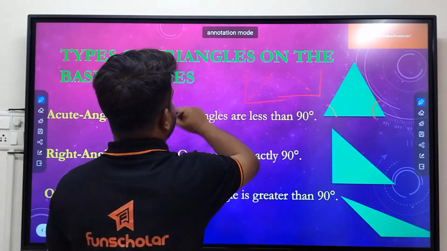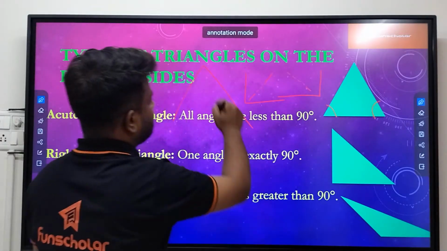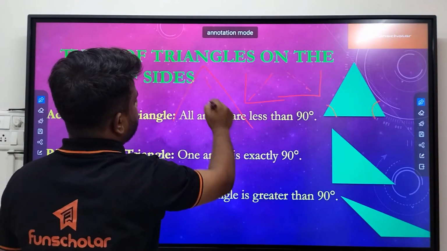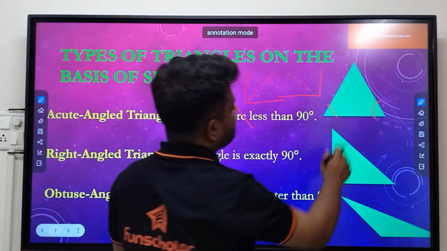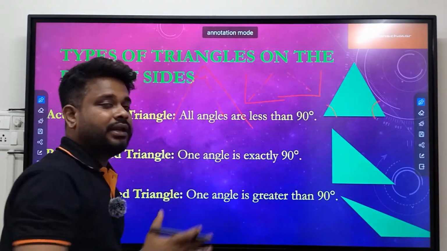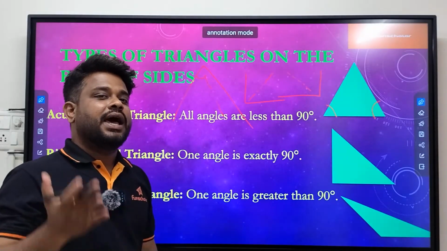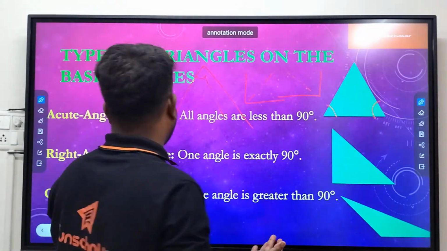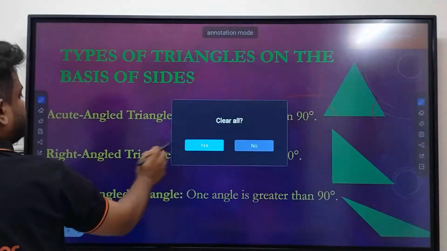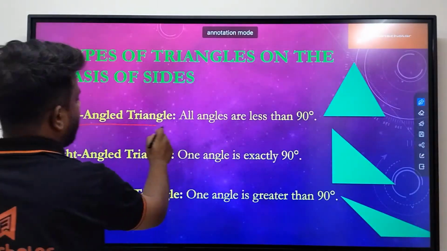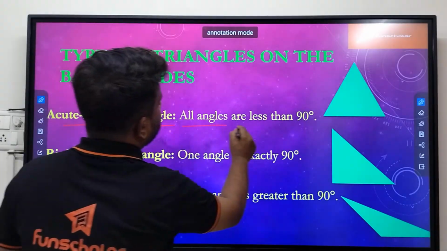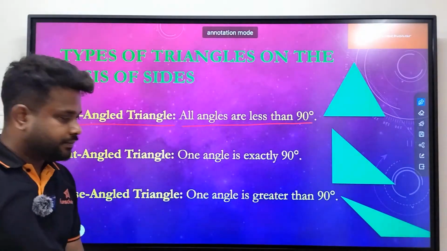From the upper side, this one is also less than 90 degrees. So when all the angles measure less than 90 degrees, it will be considered an acute angle triangle. This one is an example of an acute angle triangle where all the angles are less than 90 degrees.